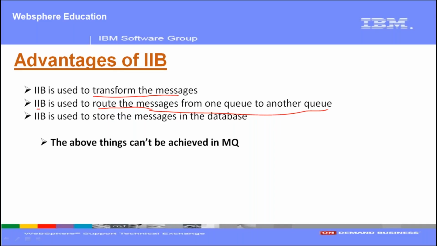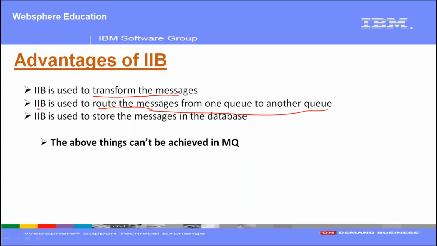The final advantage of IIB is that IIB has the capability of storing the message in the database also. MQ doesn't have the flexibility to connect to the database and store a copy of the message into the database. There is no such facility in MQ. But in IIB, we have that facility.